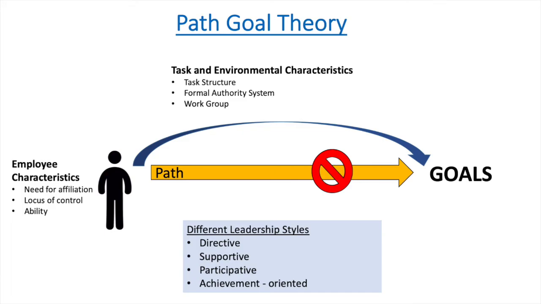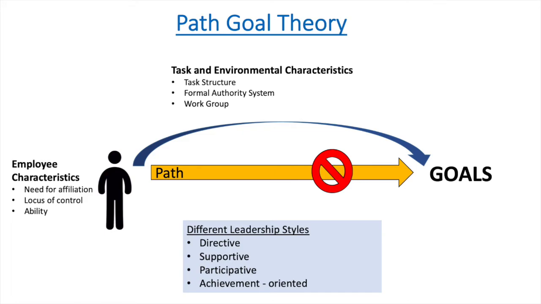Next is the formal authority system. Now this is referring to all the guidelines, the rules, the systems that are in place within that organization. It basically lets employees or everyone know what to do or what you're not allowed to do as well.